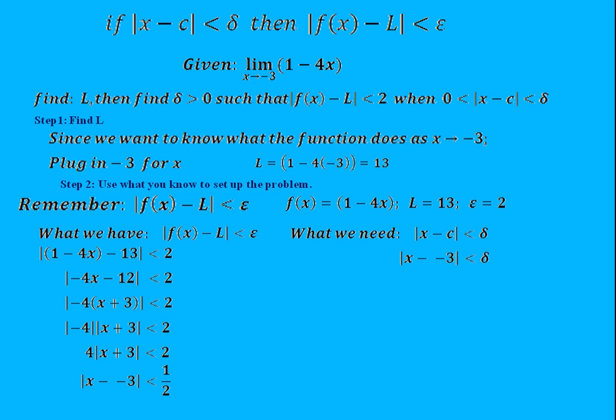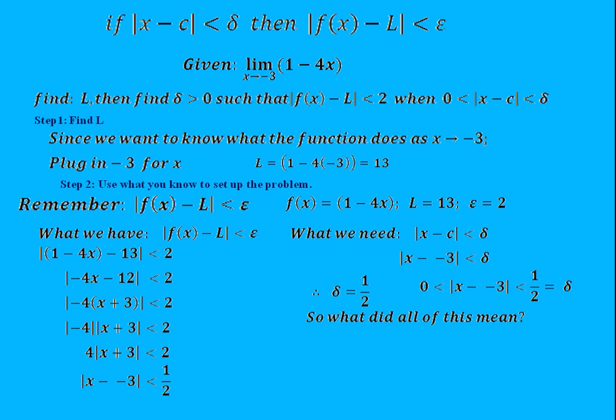Multiplying both sides by 1/4, I get x minus negative 3 is less than 1/2. And I compare it all the time to what I need, and now I see that it matches. And so I can see my x minus c less than delta, 1/2. Therefore, delta is 1/2. Putting it in its formal answer, I have 0 less than the absolute value of x minus negative 3 less than 1/2, which is delta.